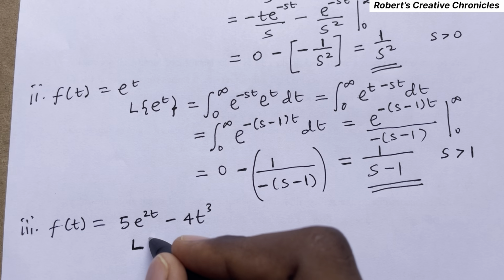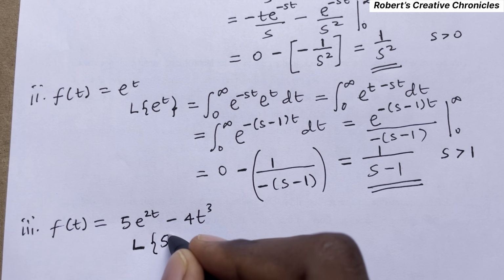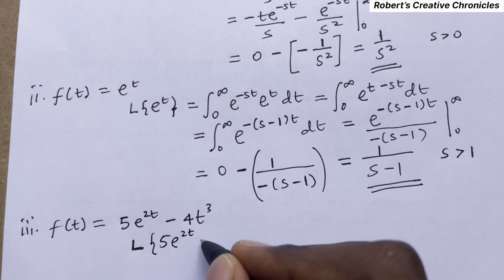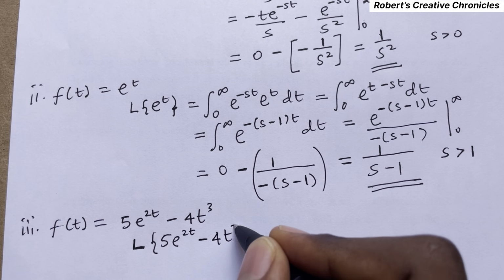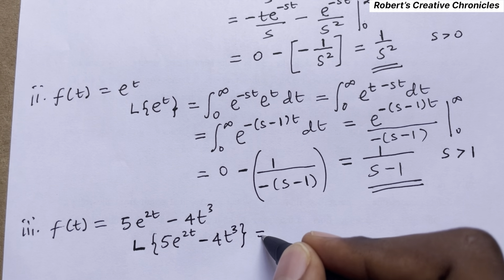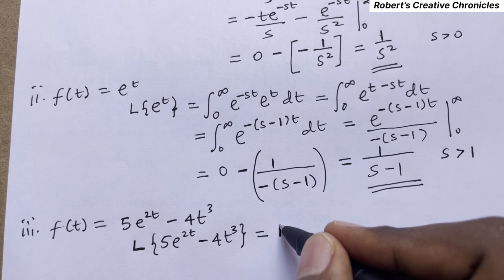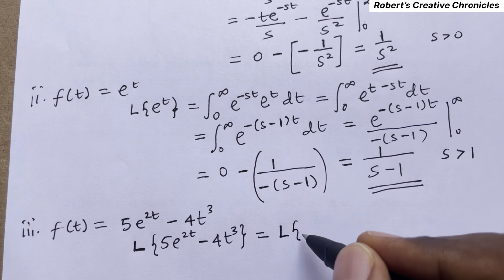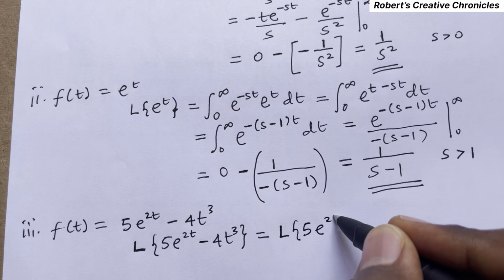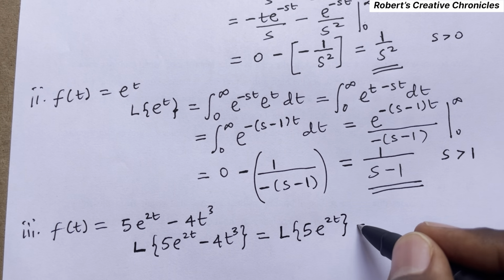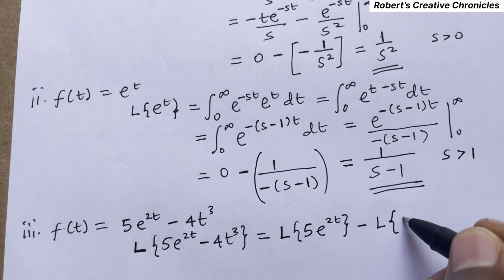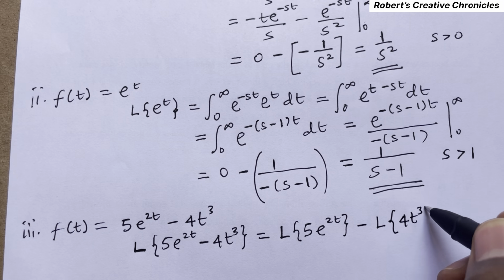So the Laplace transform of 5 exponential 2t minus 4t cubed is equal to the Laplace transform of 5 exponential 2t minus the Laplace transform of 4t cubed.